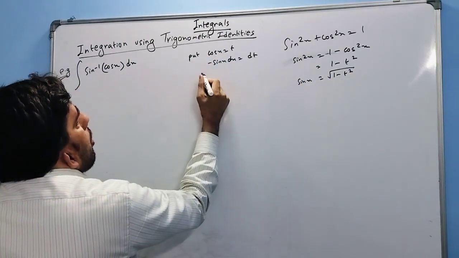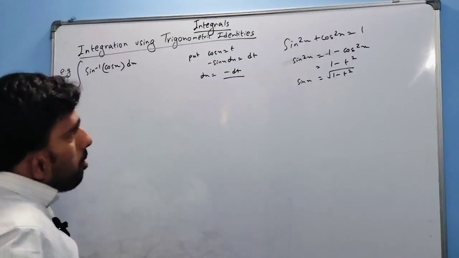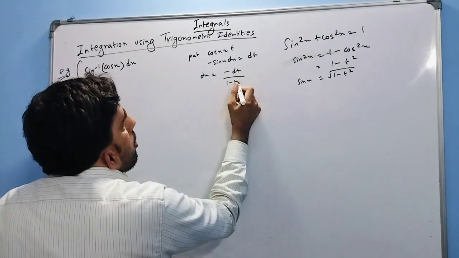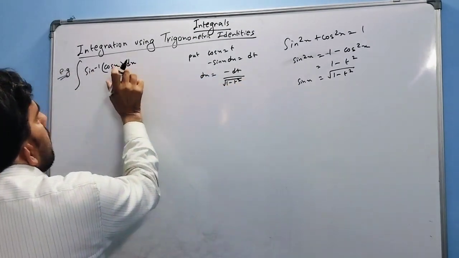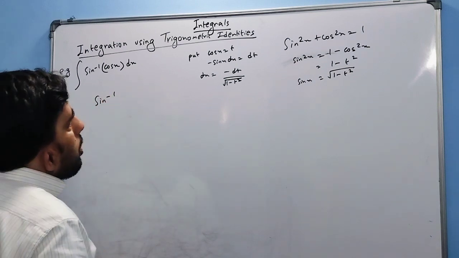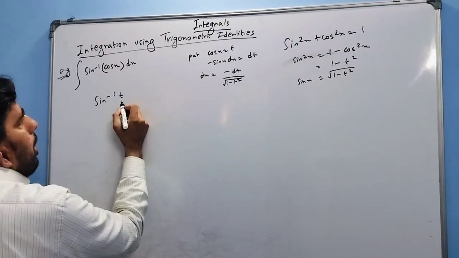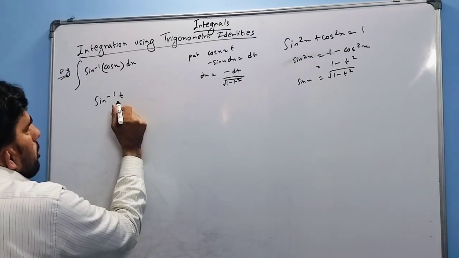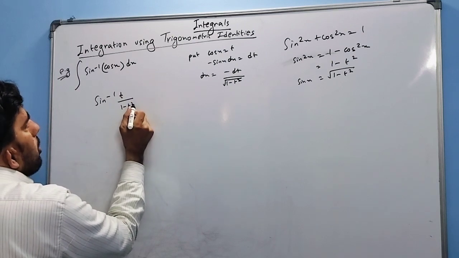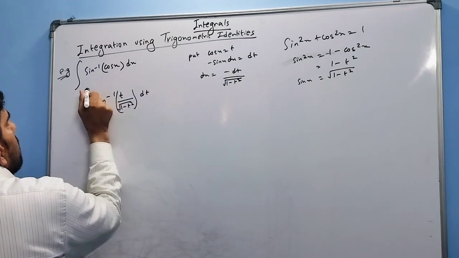Here I will put this, so I will get dx is equal to minus dt upon sin x. So now I put this dx, and I will get sin inverse t, and here by dt I will write square root of 1 minus t square into dt.